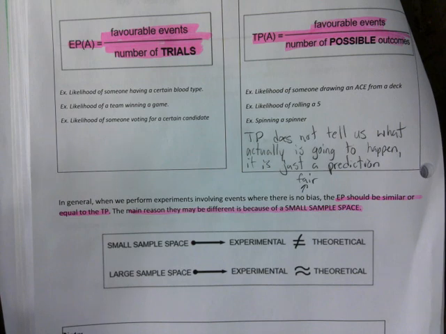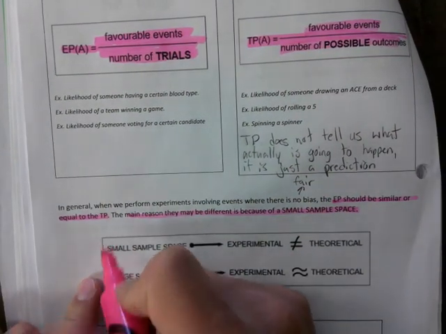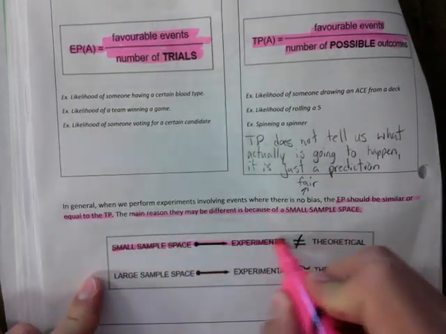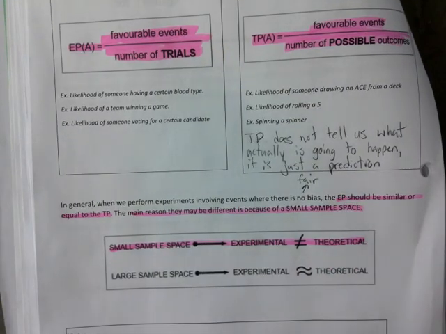There's a good chance we're going to roll a 6 then. But if we roll a dice just once, there's a pretty good chance that we won't roll a 6. So that's why sample space is important when calculating experimental probability.